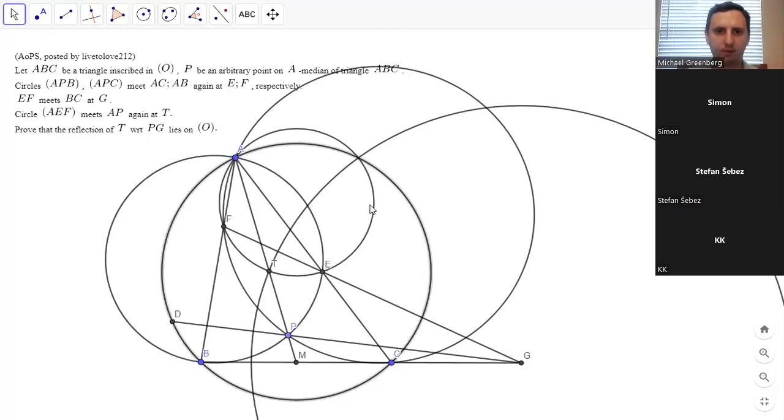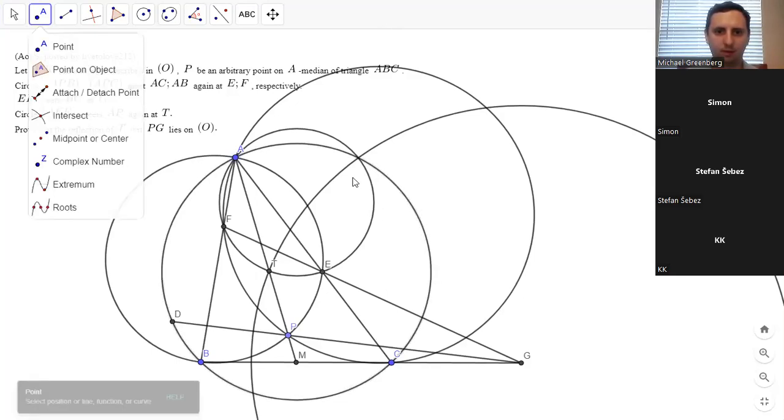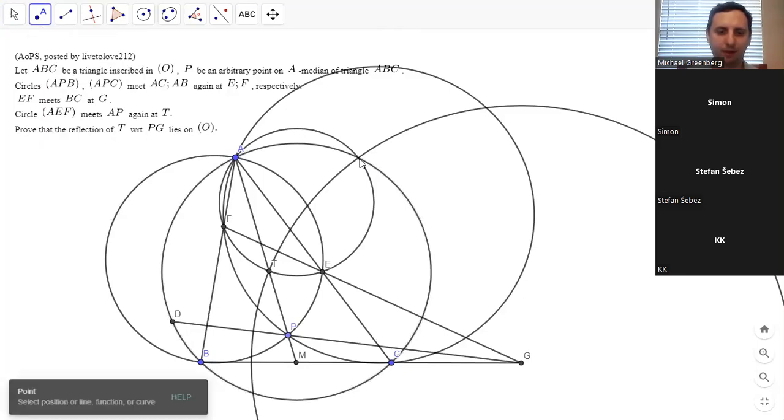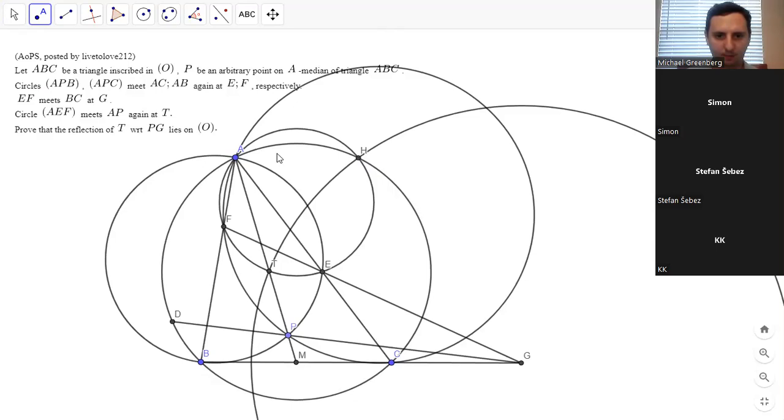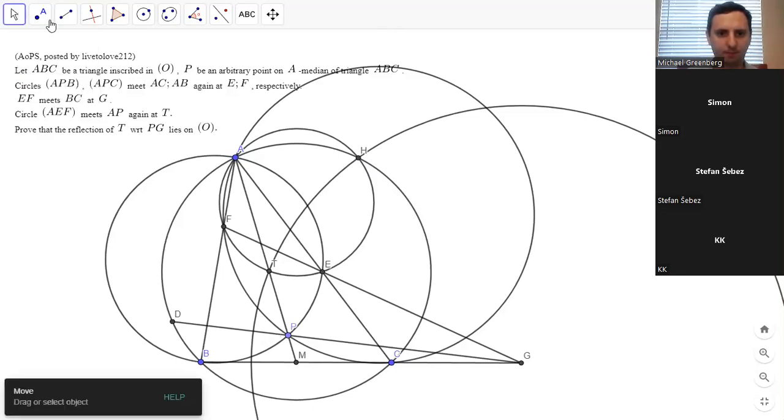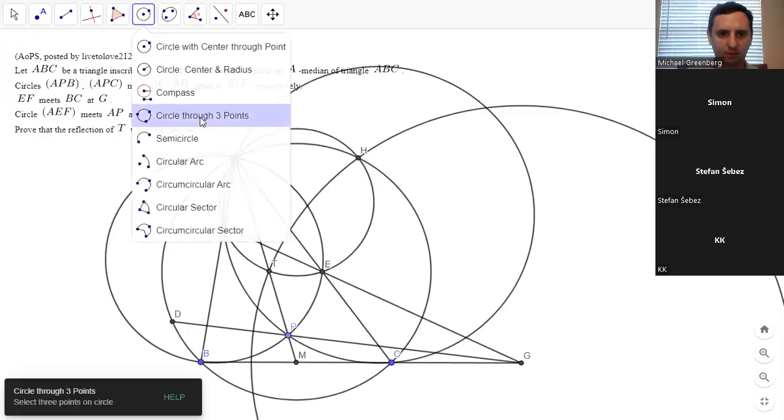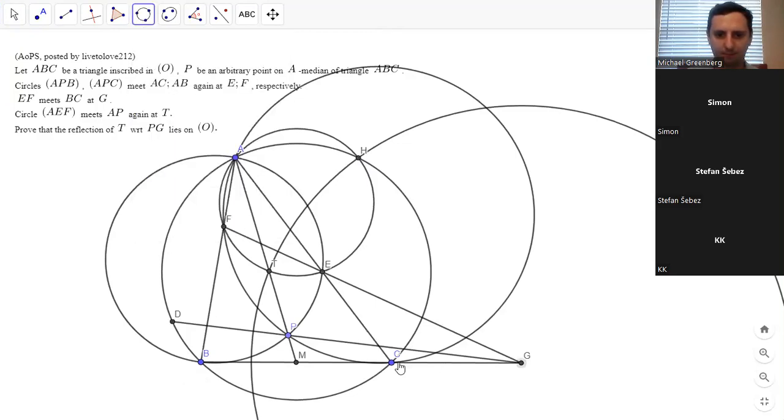That is our first observation. Is that like a Miquel point? Let's see. Yeah, that's like the Miquel point of EFBC.